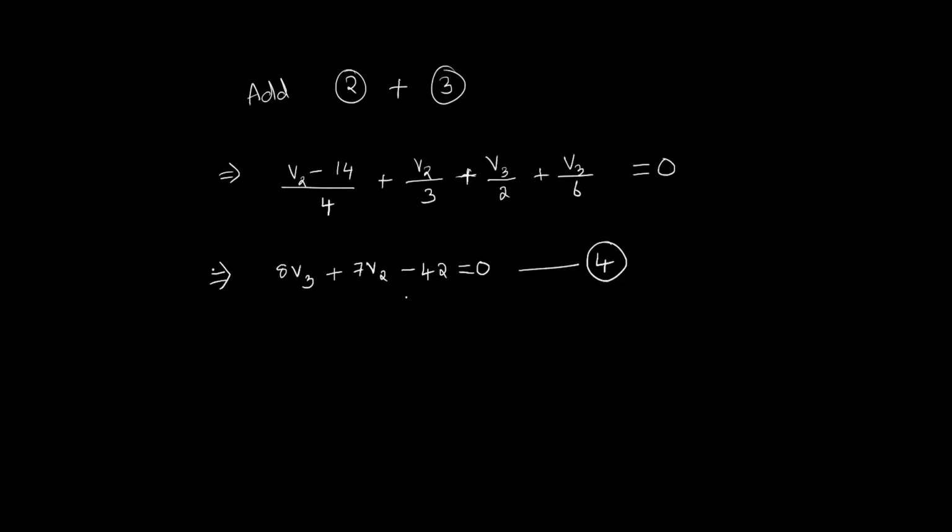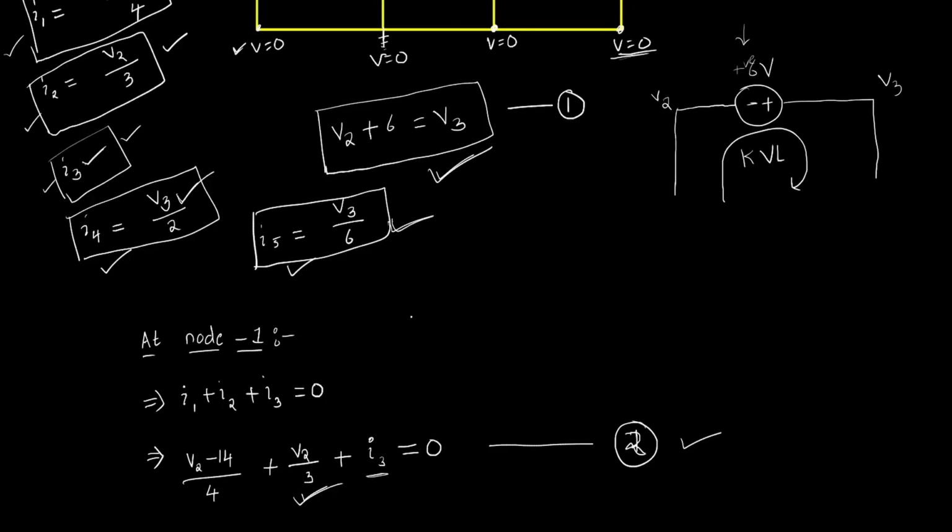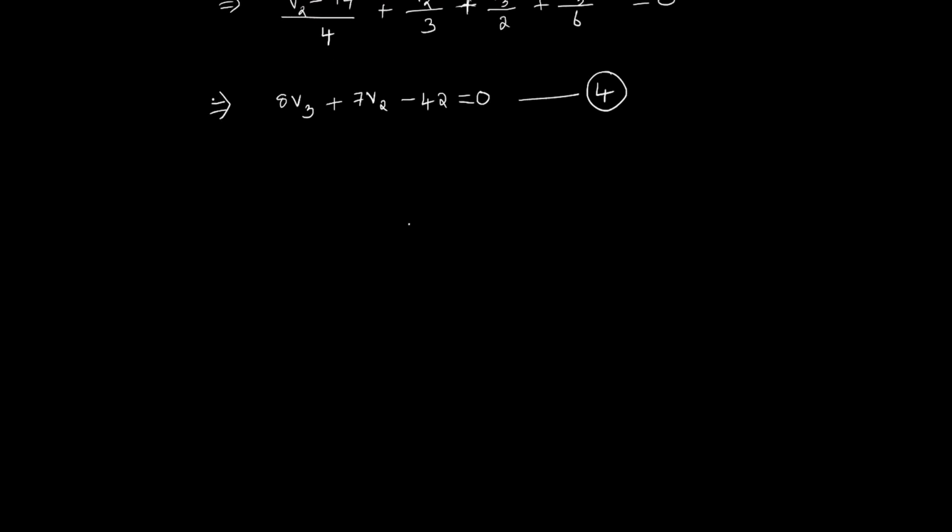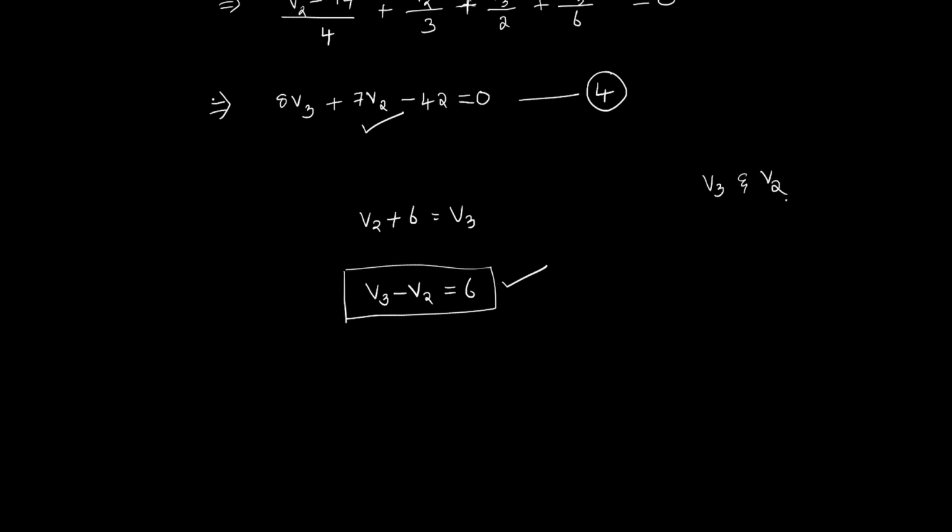Now we have equation 1 as V2 plus 6 equals to V3. Let us write it down here. So V2 plus 6 equals to V3. Now if we rearrange this, V3 minus V2 equals to 6. So now we need to solve this equation and this equation to obtain the values of V3 and V2. So we use the substitution method here.